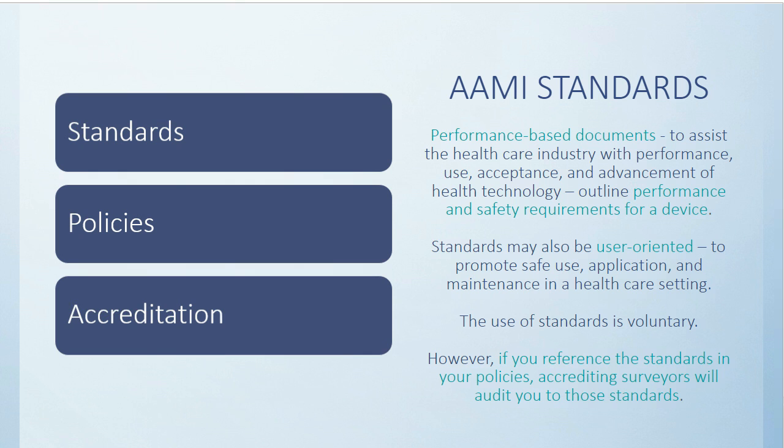Standards like ST91 may also be user-oriented to promote the safe use, application, and maintenance of health technology. The use of standards is voluntary. Policies should be based on current best practice standards. So when you reference given standards in your policies, accrediting surveyors will then audit to those standards and your policies.